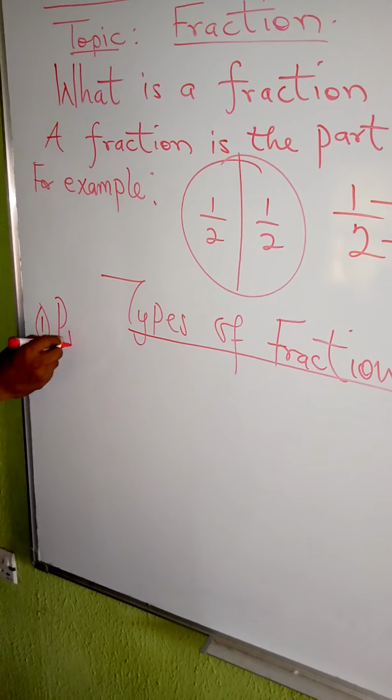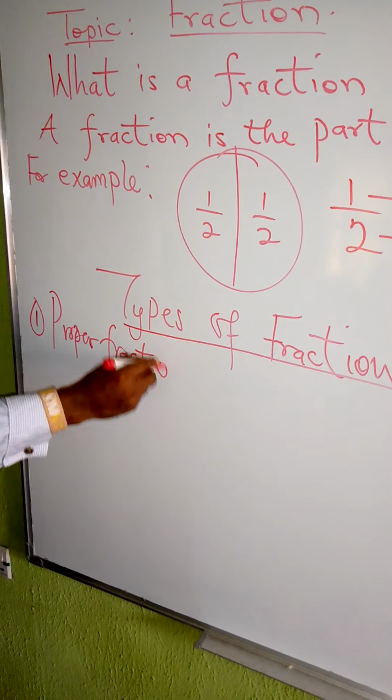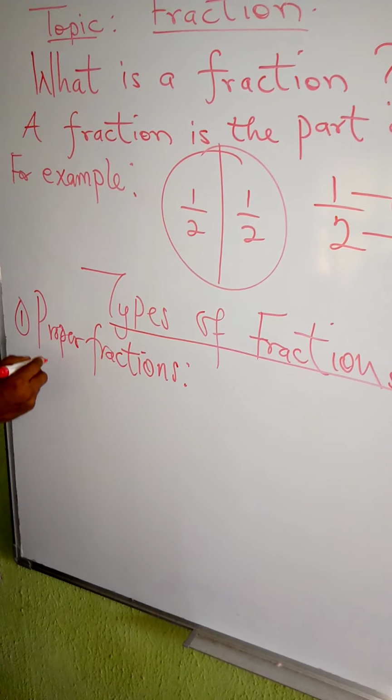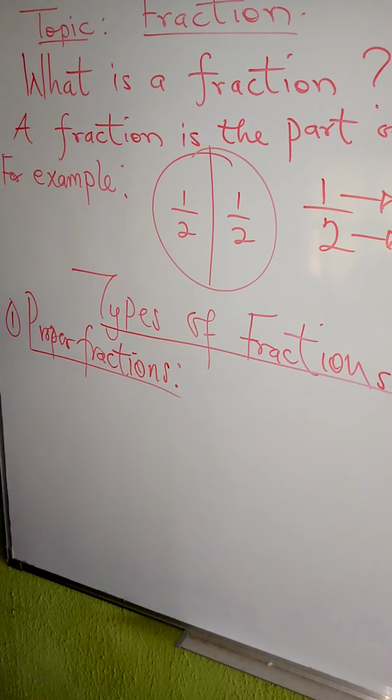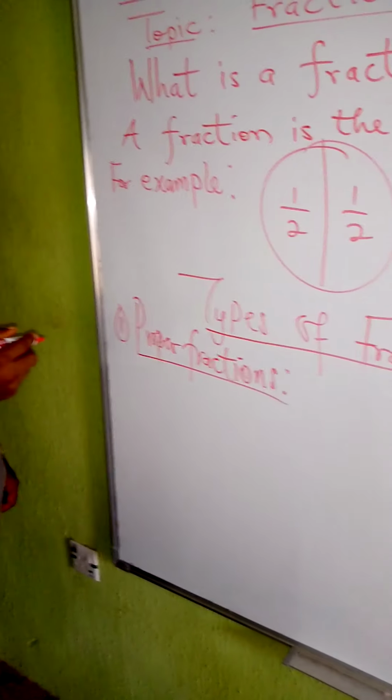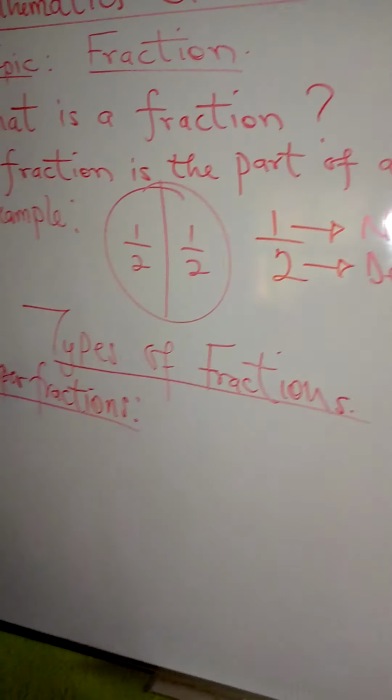Number one, we have proper fraction. Proper fractions are fractions whose numerators are less than the denominators.